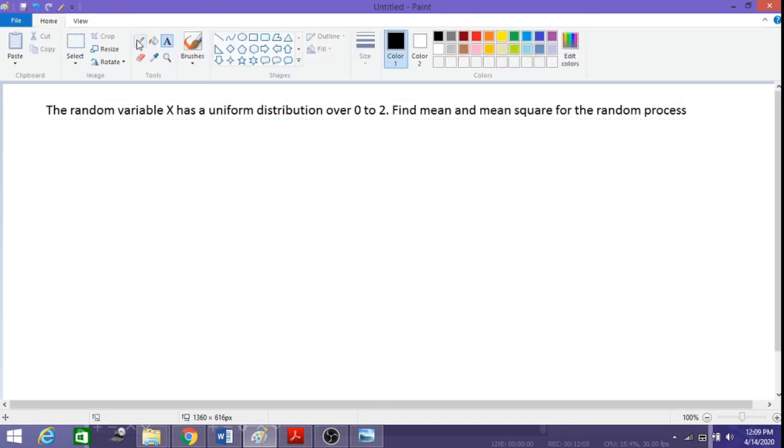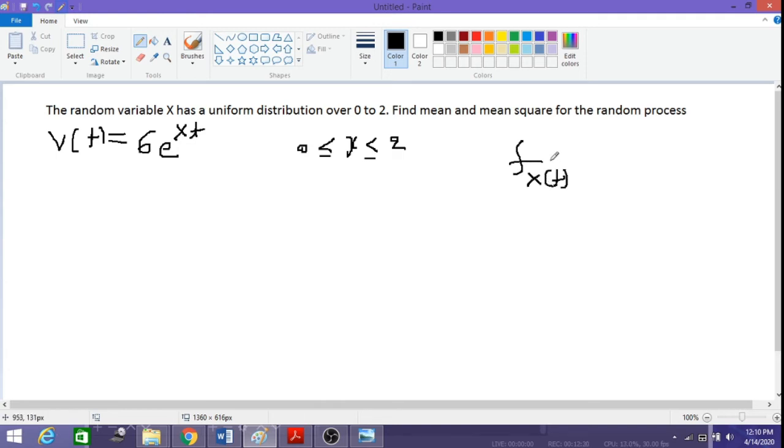I'll define that v of t here: v of t is equal to 6 into e power xt. The value of x ranges from 0 to 2. For this the PDF definition is given as f x of x equal to half for the value of x ranging from 0 to 2, otherwise it is 0.